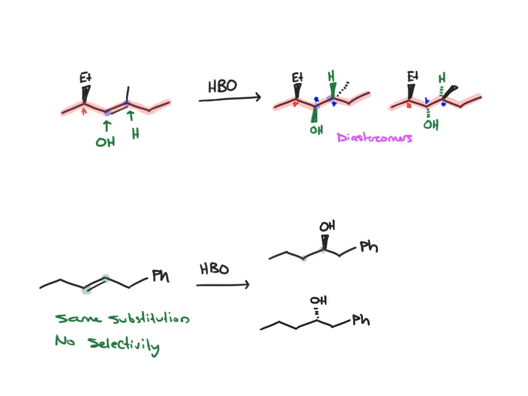But you can also get the other isomer where the OH adds to this carbon and the H adds to this carbon. So then we're adding the H here, and then the OH we'll put as a wedge there. You can also add from the other side.